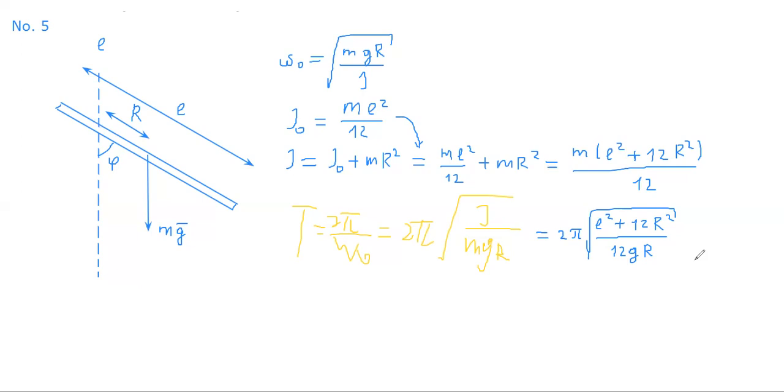We need to remember calculus. According to calculus, the function is minimal when its first derivative is equal to 0. So to find the minimal value of the period, we have to find the minimal value of the expression in the square root.